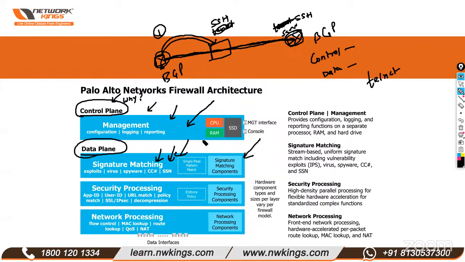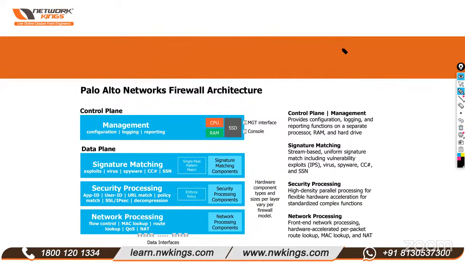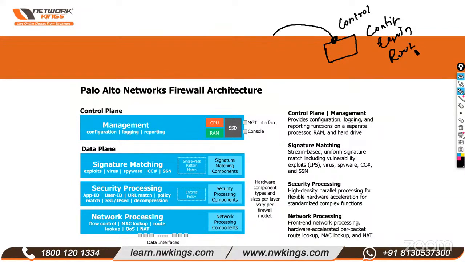Nice. So now we understand a thumb rule. Whatever the traffic is for the firewall, it will always be control plane, whether we are doing any configuration, any kind of login, or running routing, because it needs to be processed by the firewall itself.